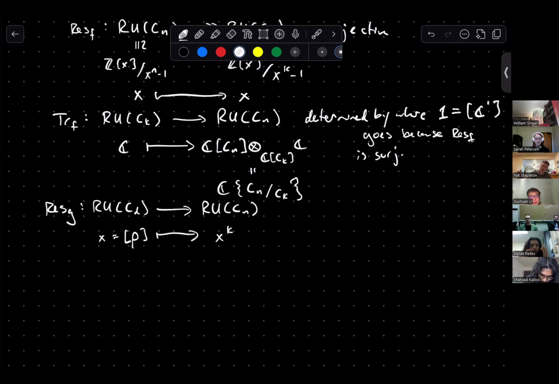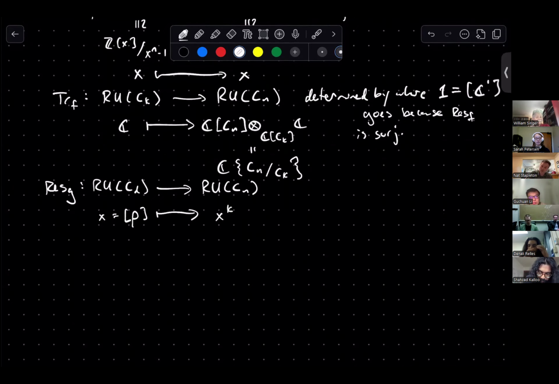But it allows us to figure out who this representation is inside of RU of Cn, because another representation that I could restrict here is C on CD. So that regular representation of C sub D must restrict to C on Cn mod Ck, because that's how Cn acts on CD.